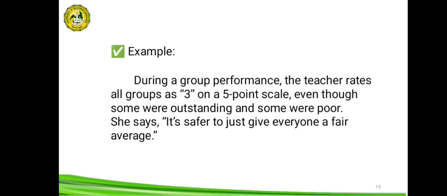For example, during a group performance, the teacher rates all groups as 3 on a 5-point scale, even though some were outstanding and some were poor. She says it's safer to just give everyone a fair average.